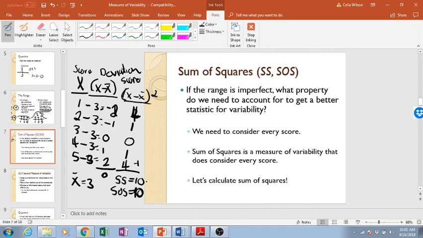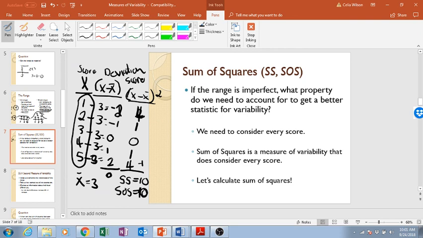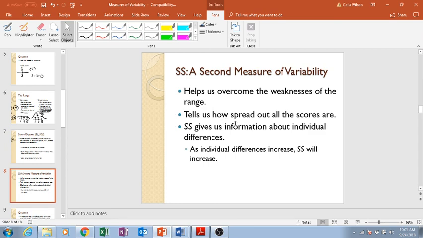If these scores become more spread out, sum of squares will get bigger. If they become more condensed or less spread out, then sum of squares will get smaller. And that's pretty much all we can say about sum of squares. But it tells us how spread out all the scores are, and it gives us information about individual differences. As individual differences increase, sum of squares will increase.